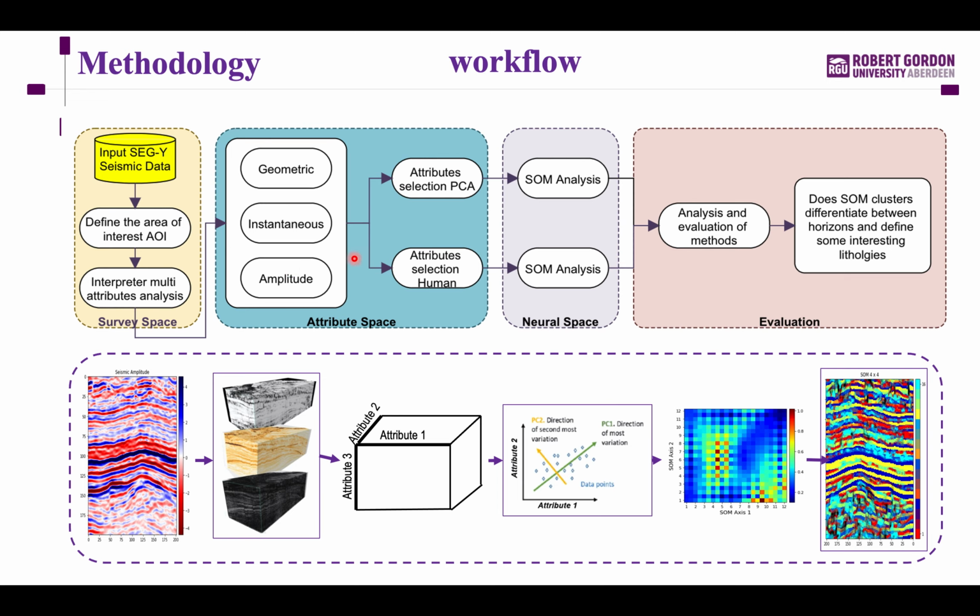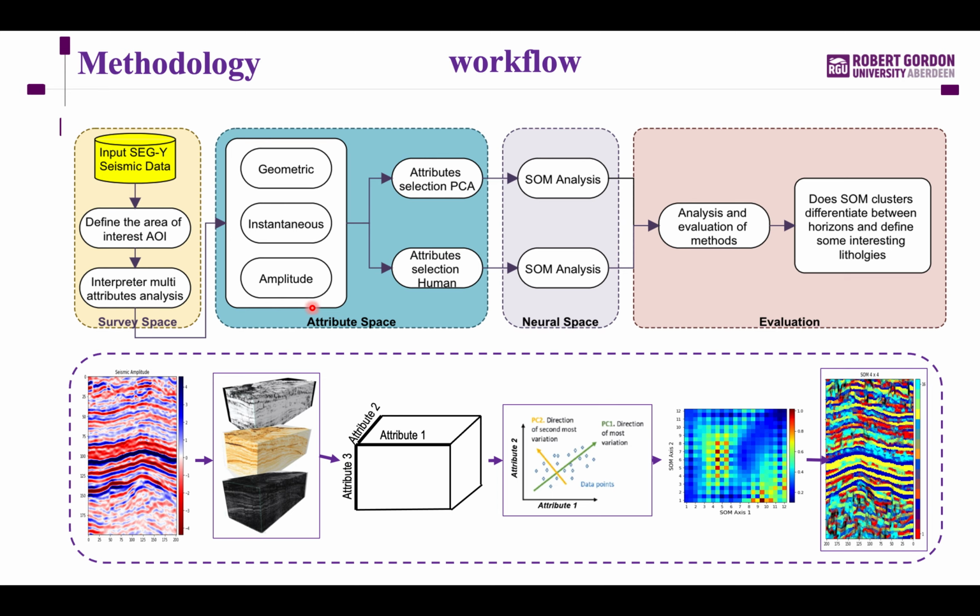After that we feed these attributes to the PCA, which takes the most variance attributes and shows how each attribute is contributing in these PCAs. The output of these PCAs is the optimal attributes that can feed the neural network self-organizing map, and after that we have some evaluations.